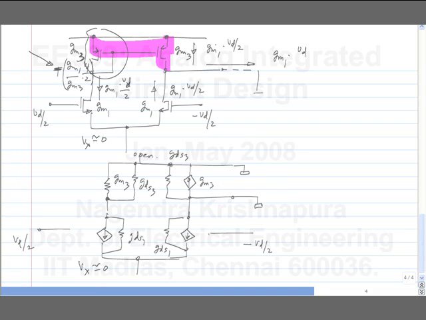So this is not in the picture. What about this one? That's also 0. Okay. So what is the current induced in this transconductance? GM1 times VD by 2. What is the voltage here?